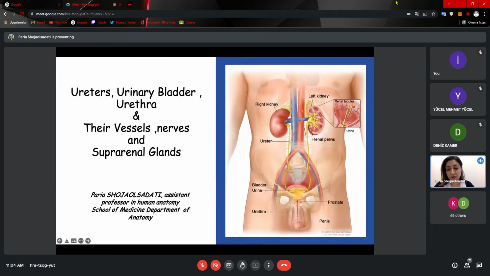We make a change in the plan of today. We had to do it because the female genital organs and male genital organs were missed in the last program.